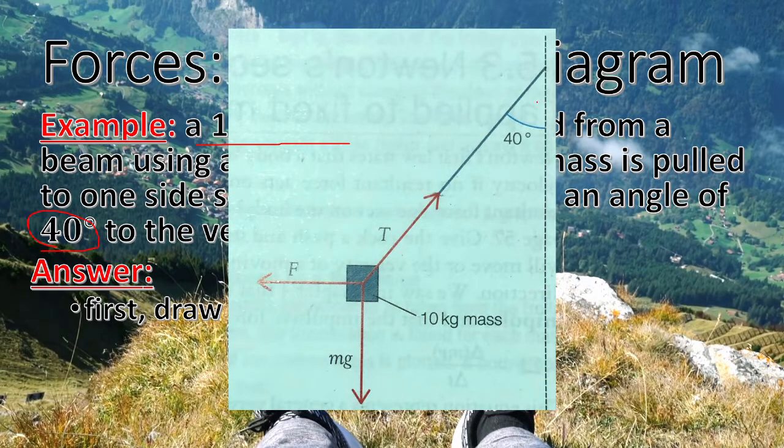The rope is suspended from the wall. There is a horizontal force that is pulling it, which is this F, and we have the inclination of the rope, and we'll have the tension, and it makes a 40 degree angle. And of course, this object will have a weight, which equals mass times gravity.